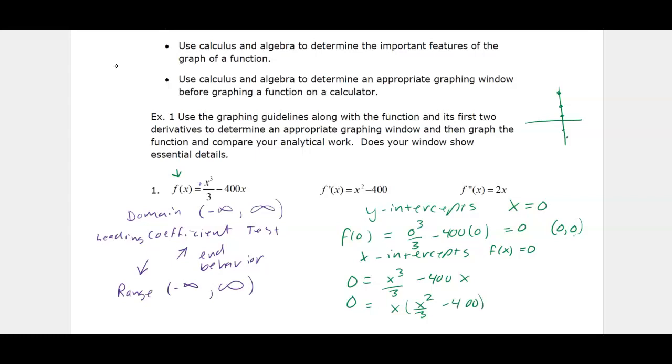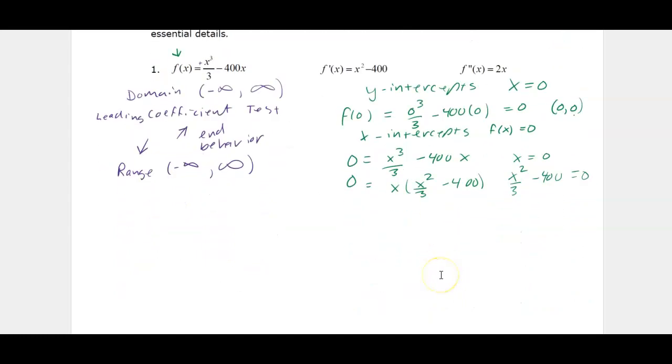And in order for this to be 0, either x has to be 0 or x squared over 3 minus 400 has to equal 0. Well, we already know that when x is 0, y is 0. So one of my x-intercepts is (0, 0). But I need to solve this other factor being 0. So let's see.